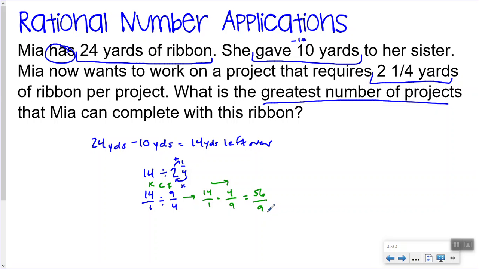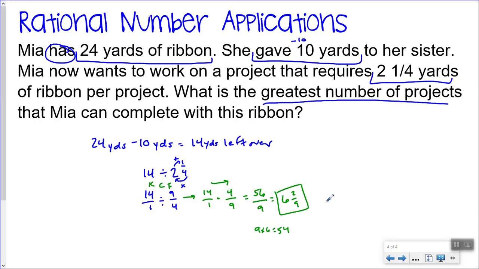So now I want to turn this into a mixed number because I want to see what I've got left over. So we're going to take this number and see how many times does 9 go into 56. Well, 9 times 6 is 54. So we're going to have 6, and then we have 2/9 left over.